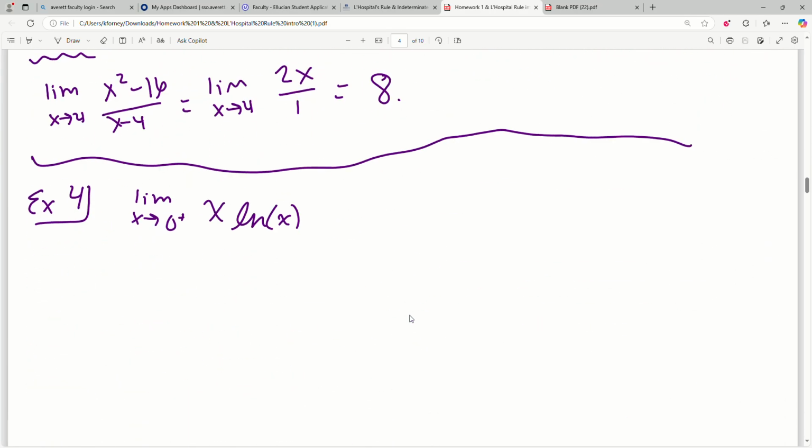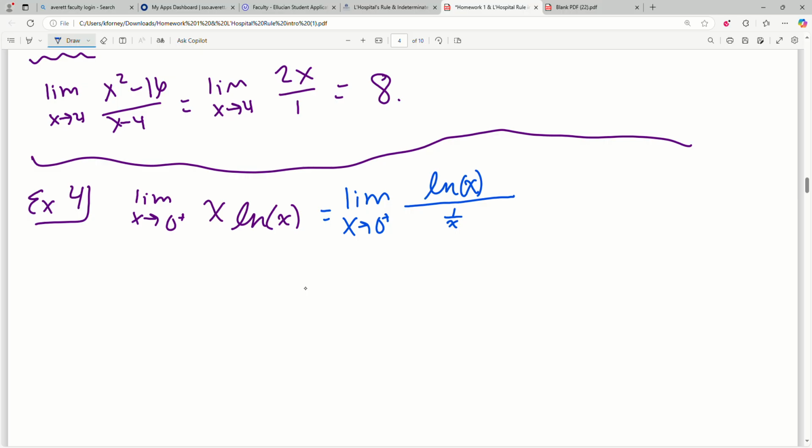Now, when you look at this, you're like, oh, well, that's not necessarily going to be an indeterminate form, but we can make it that way because we know that natural log x, if we want to rewrite this so we can get 0 over 0 or infinity over 0, could be the numerator, and x, if we want to put that in the denominator, would just be 1 over x.